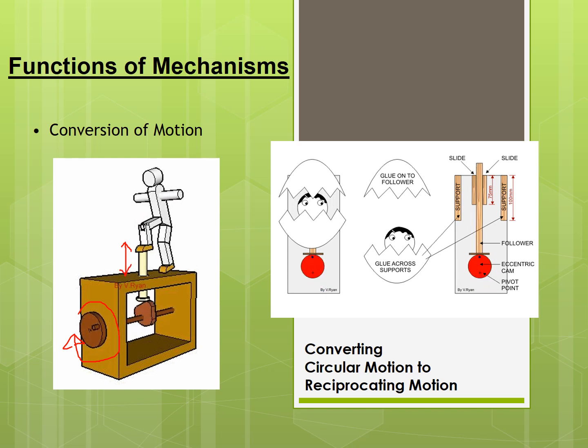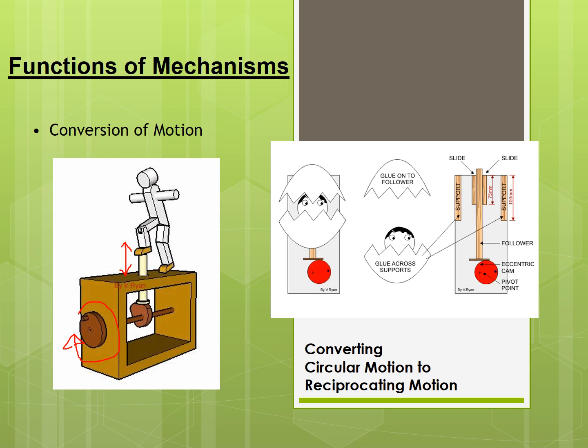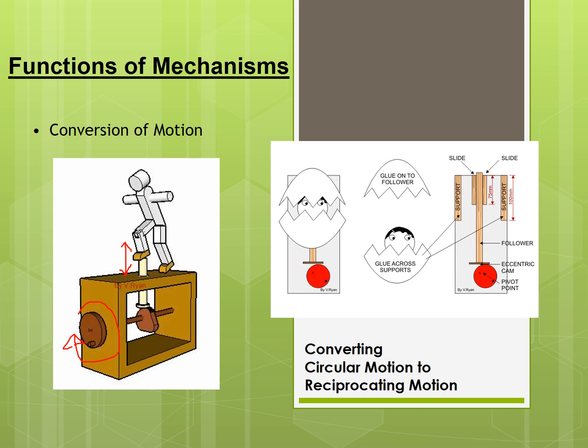So there is a change of types of motion from rotating to reciprocating. These are also similar examples of doing the same thing, converting a rotating motion to a reciprocating motion.